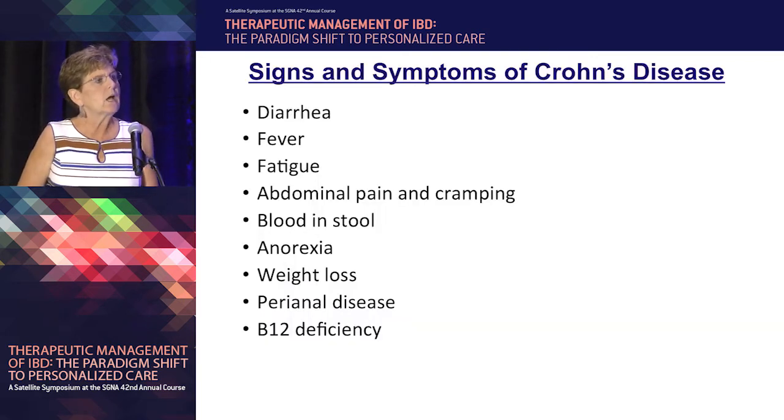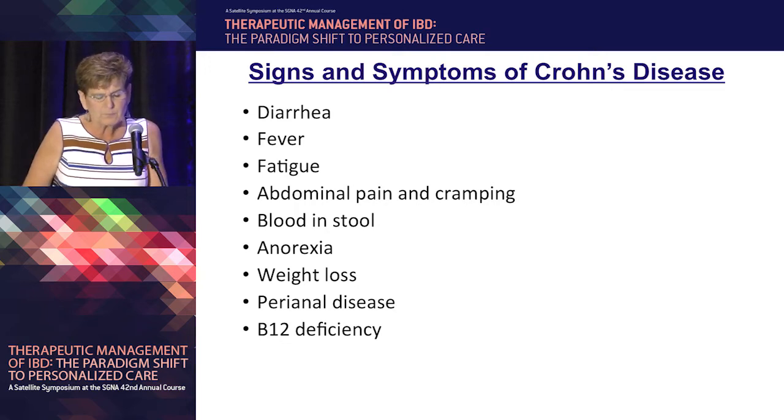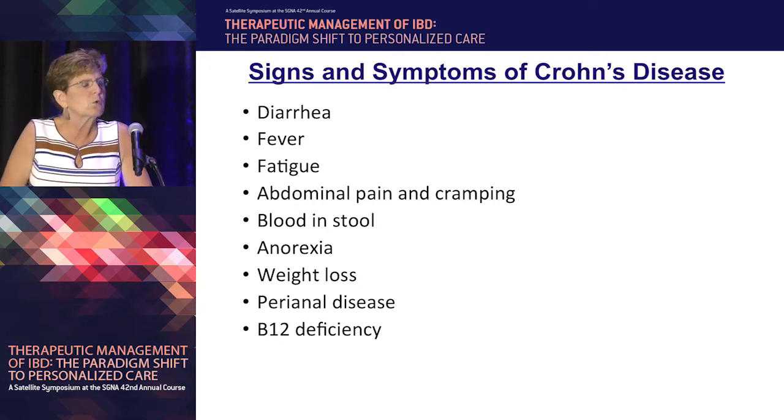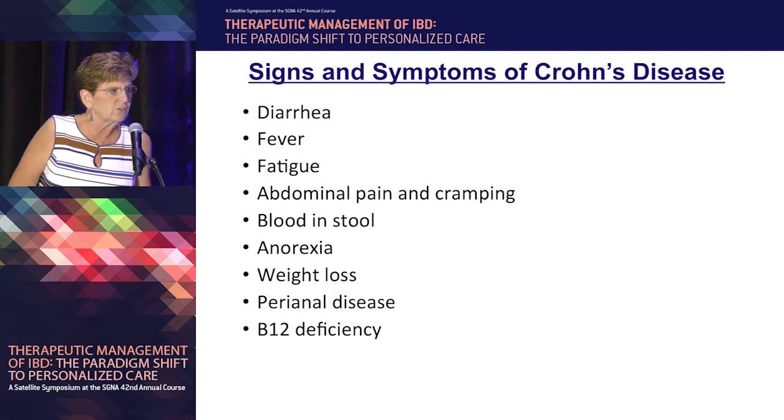And again, some of the same signs and symptoms. Abdominal pain and cramping is going to be because you've got swelling in the area, and this is going to cause spasms. There may be some blood in the stool if there is disease more towards the rectum. Again, you're going to see more systemic symptoms the sicker the patient is.